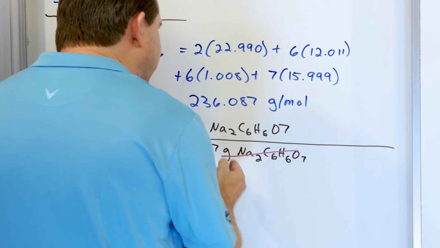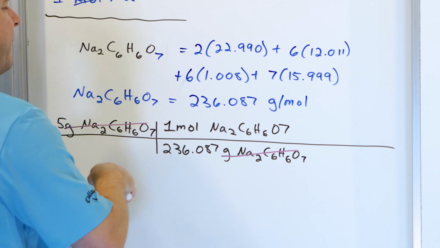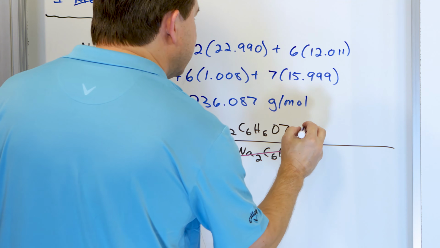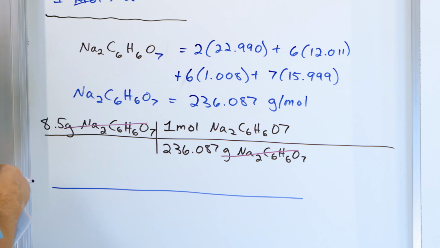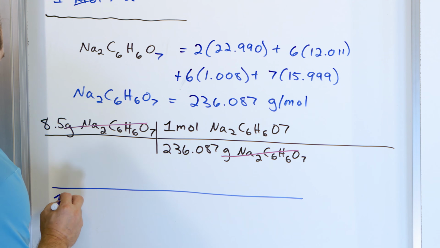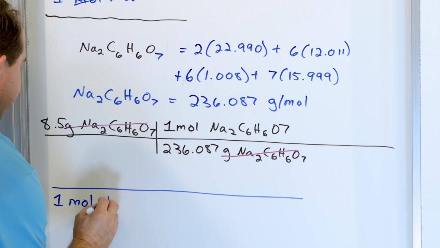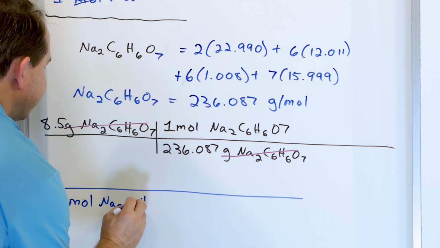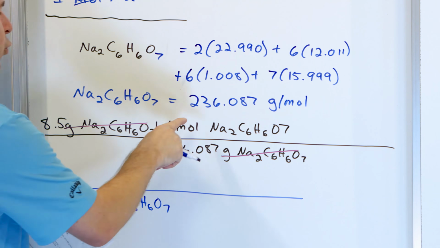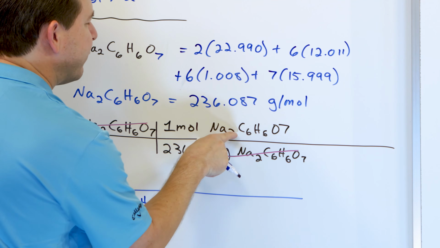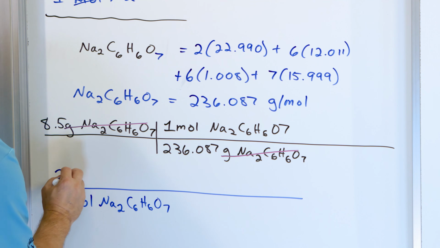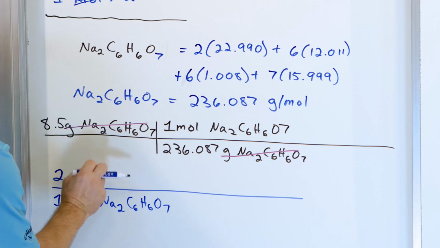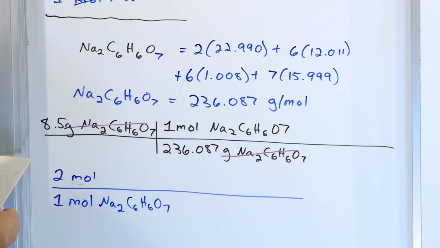Now we have moles of the substance, but we want to talk about sodium, so we have to bridge that gap. Let me go to the next line just to not crowd it. In 1 mole of that substance, Na2C6H6O7, how many moles of sodium do we have? Well, there's 2 atoms of sodium for every one of these units, so there has to be 2 moles of sodium, and sodium meaning atoms there.